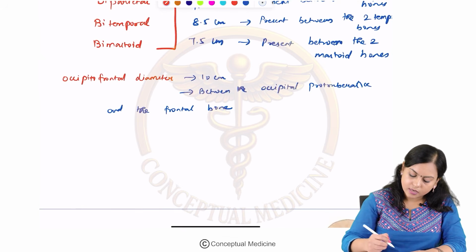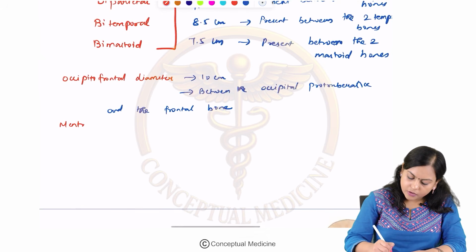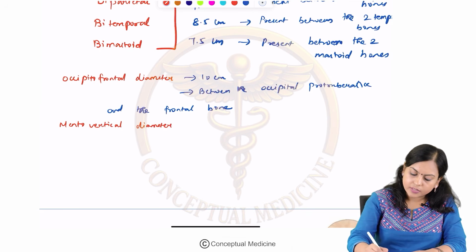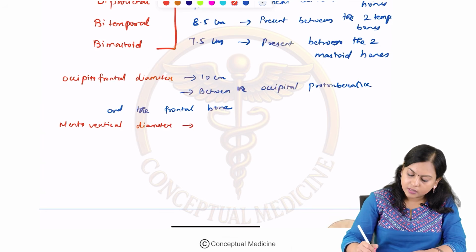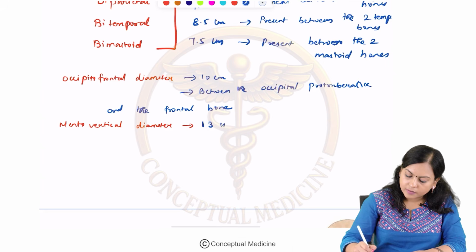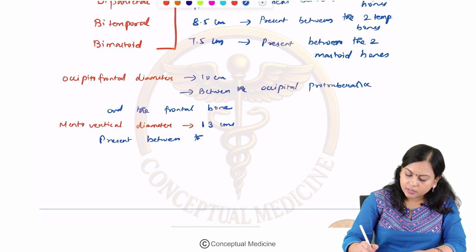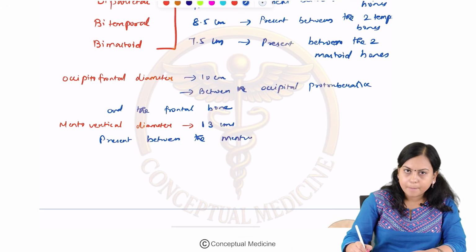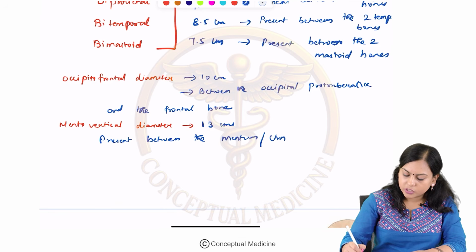Next is mento-vertical diameter. This measures around 13 centimeters, present between the mentum or chin and the vertex.